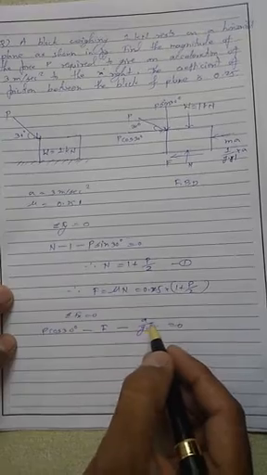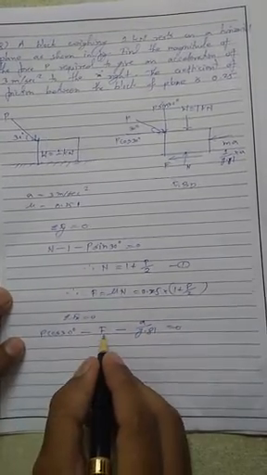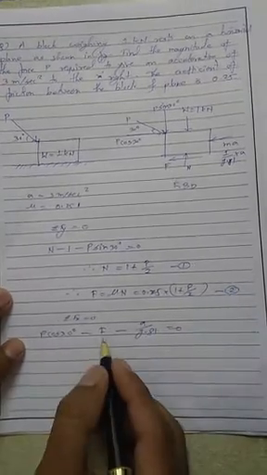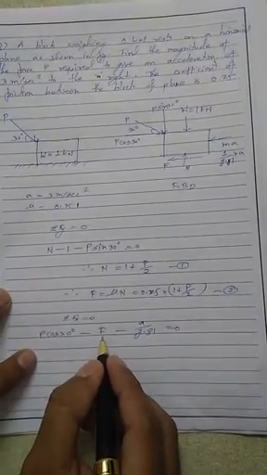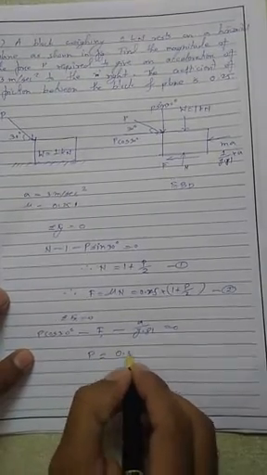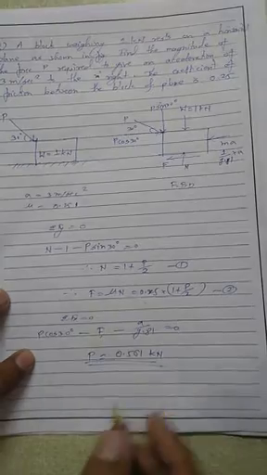The acceleration is given as 3 meter per second square, and for F, the frictional force, from equation 2 we can put the value here. By rearranging the terms, we get the value of P as 0.561 kilonewton, which is what we were required to find.